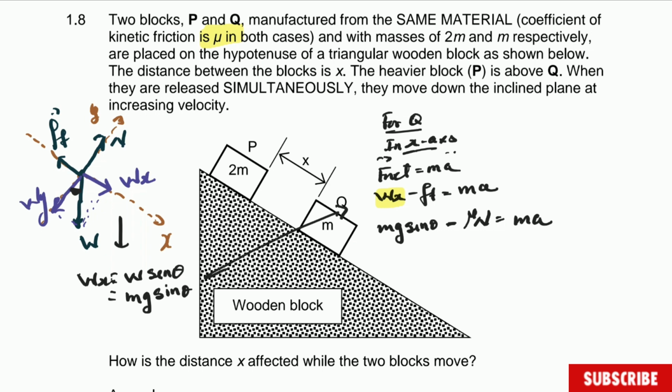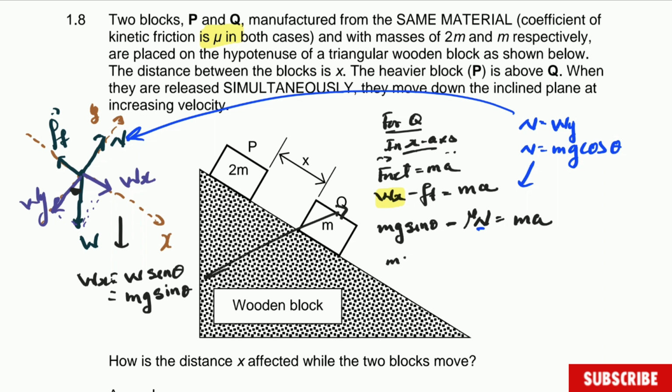We don't have the normal, but the normal is equal to the weight in the y-axis, so the normal is mg cos theta. After substituting, we have mg sin theta minus the kinetic coefficient of friction multiplied by mg cos theta, equal to ma.